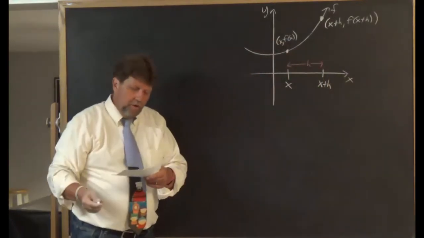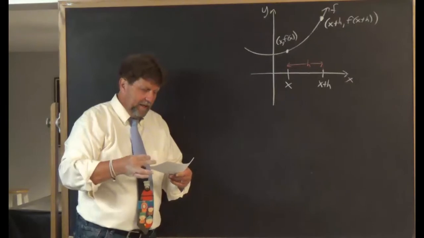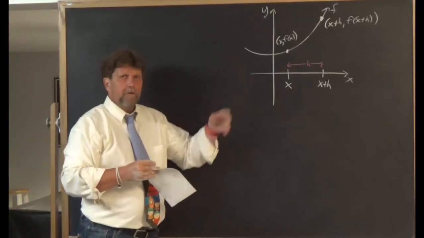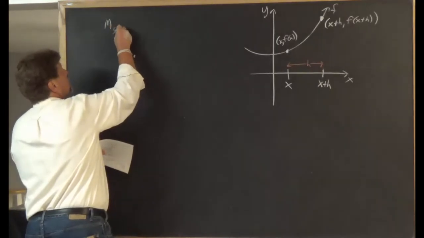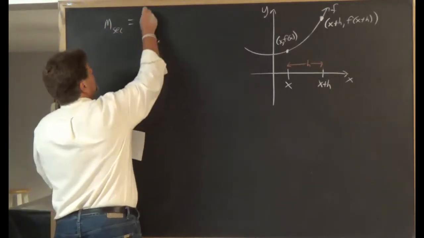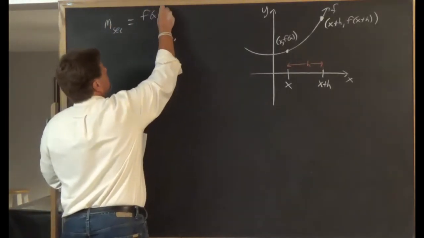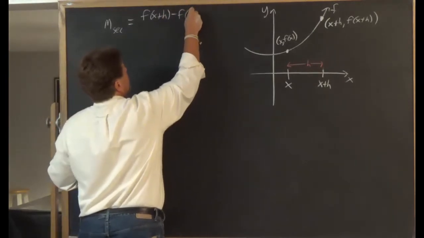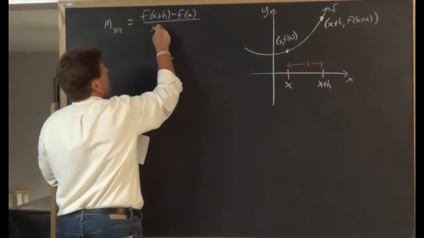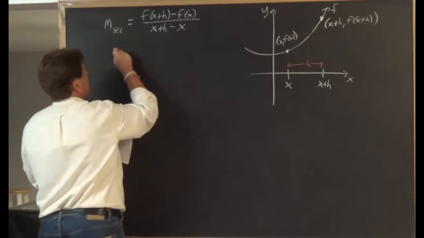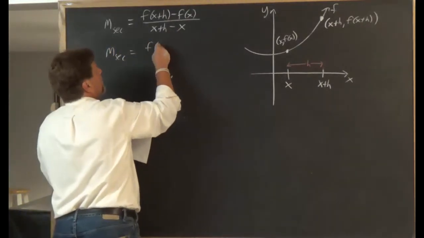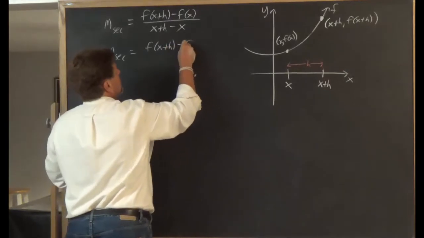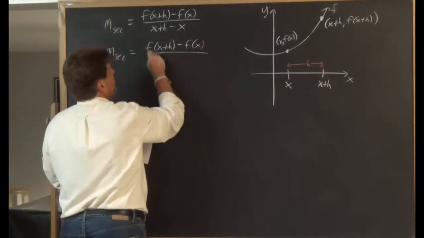So the slope of the secant line that goes through those 2 points is f of x plus h minus f of x over x plus h minus x, which the denominator cleans up to just h.